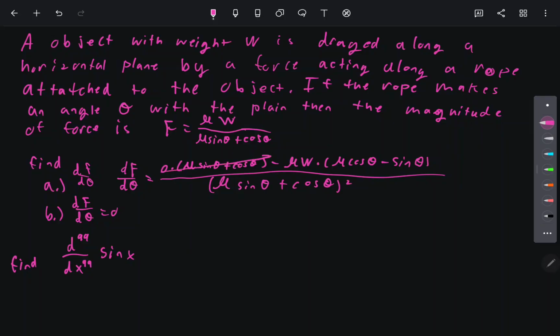Alright, what are we going to do with this? Well, this here is just 0. So we are left with negative mu. Let's see. We'll expand it out. Mu squared weight cosine theta minus mu weight sine theta.